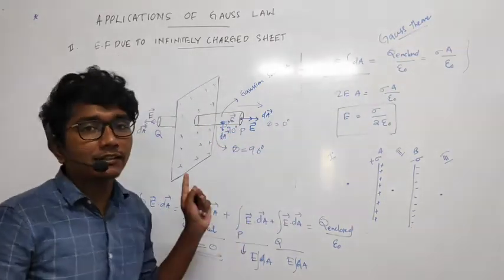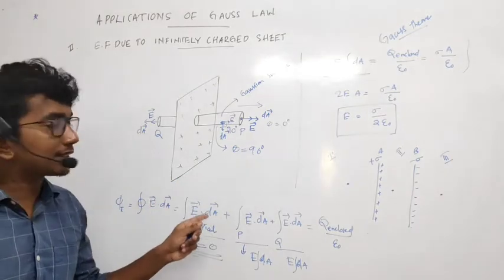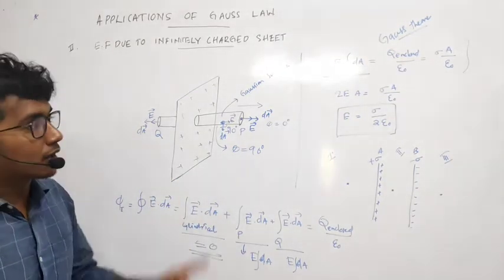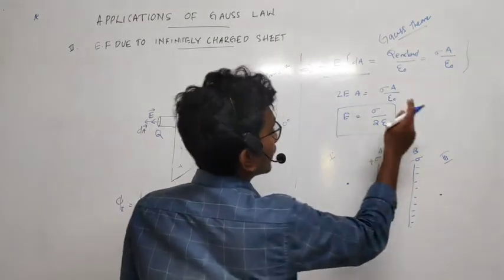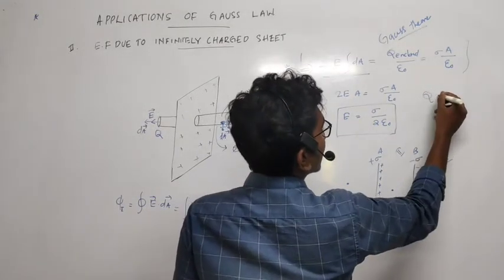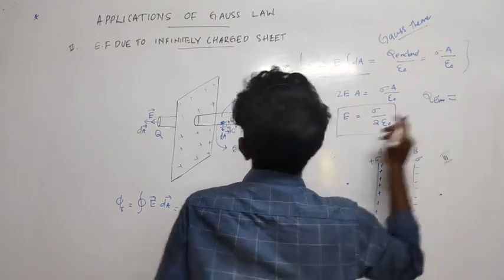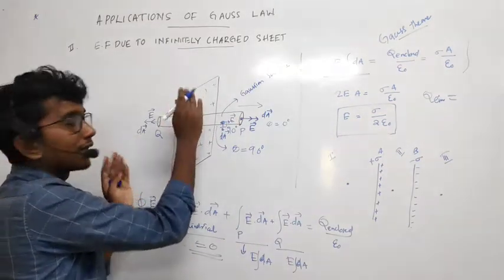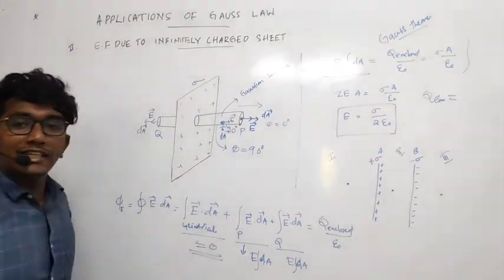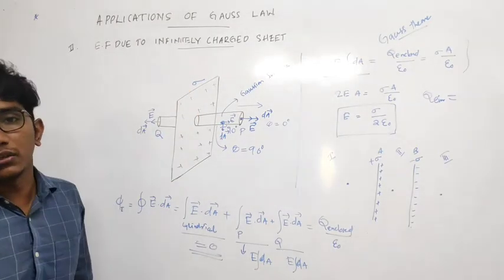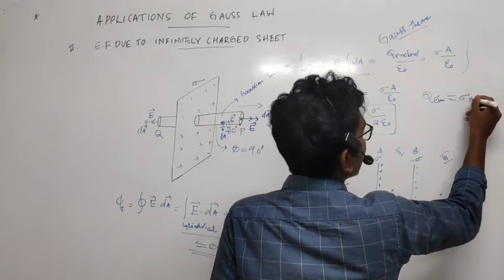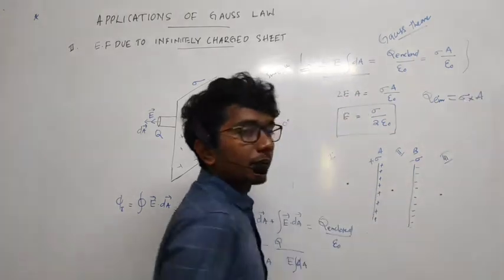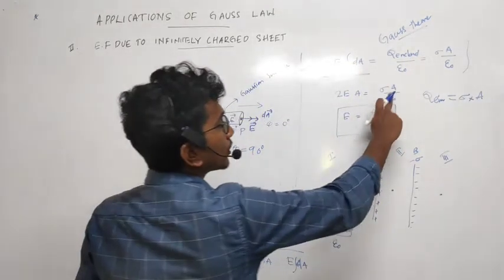Now the same challenge we faced in the previous case: we have to convert Q enclosed into the proper format. How much is Q enclosed? This is a sheet, and sigma is the surface charge density. Surface charge density into total area will be the Q enclosed. So I can substitute the value here.